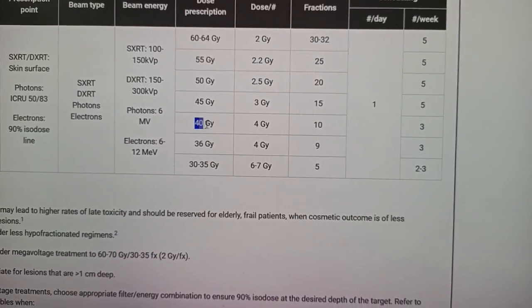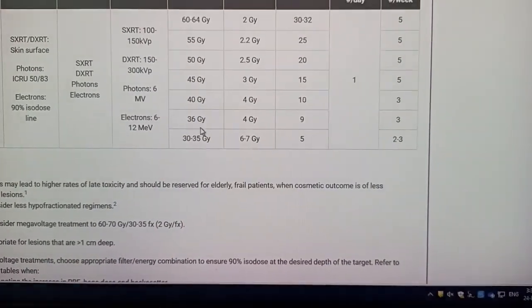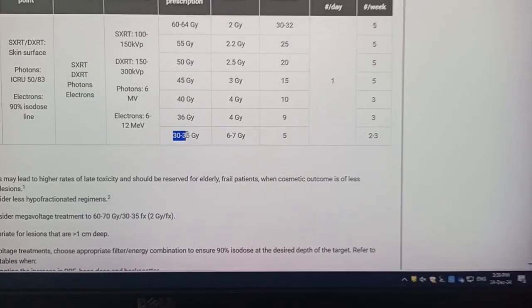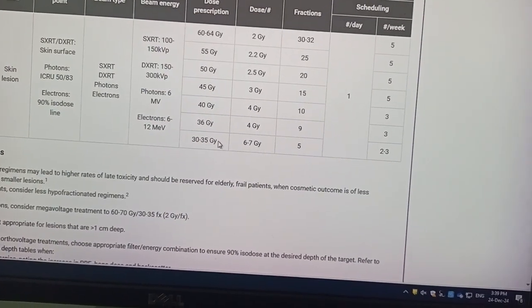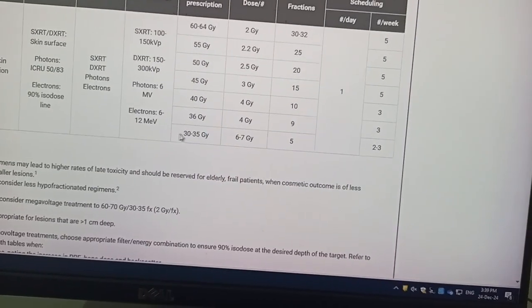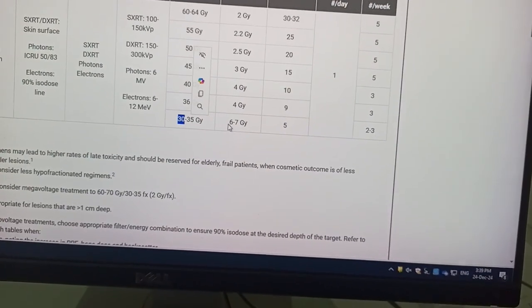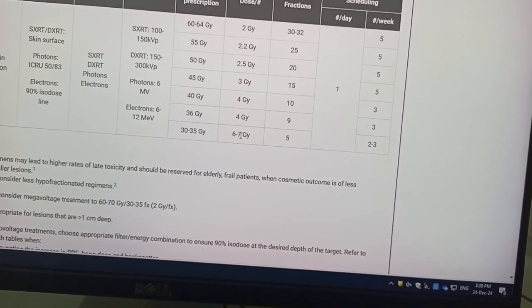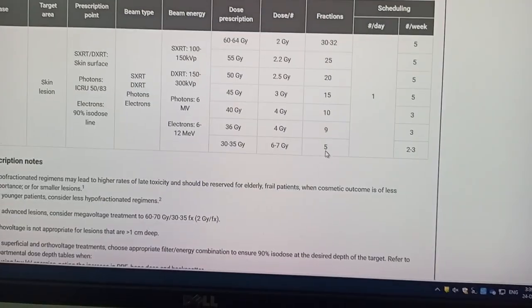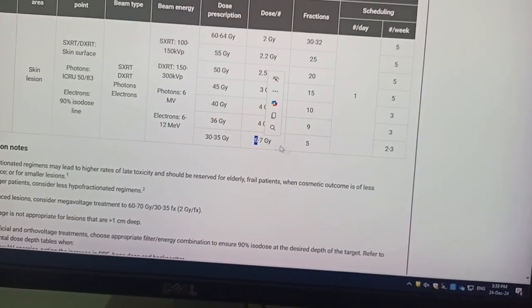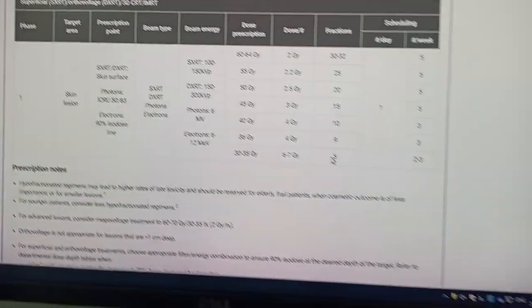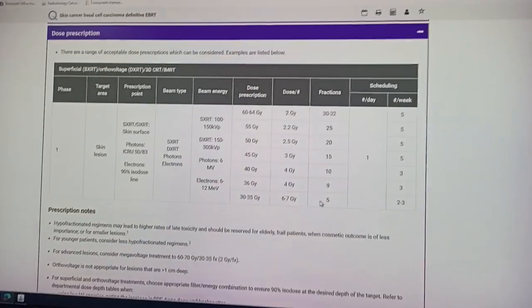But there is another ultra hypofractionation also, for bed bound patients. We can use 30 gray in 6 fractions or 35 gray in 7 fractions, with 5 to 6 gray dose per fraction in 5 days. So this is also ultra hypofractionation in basal cell carcinoma.